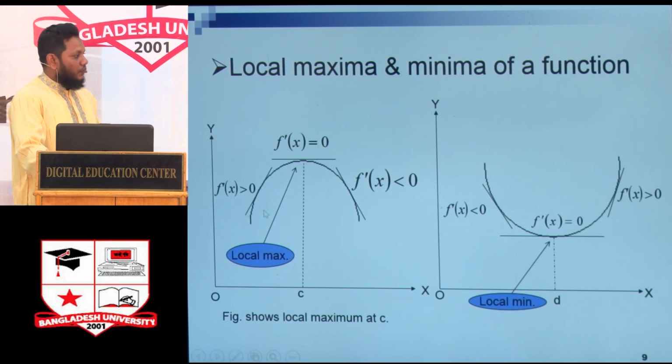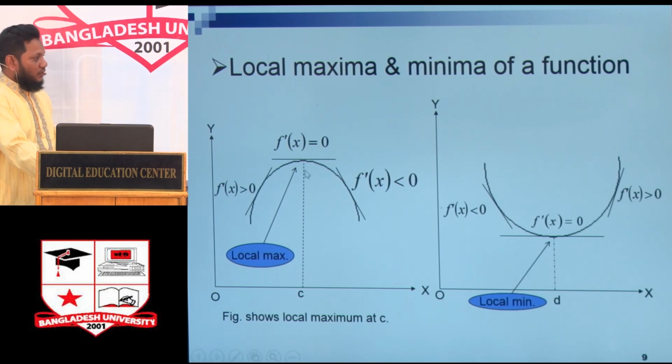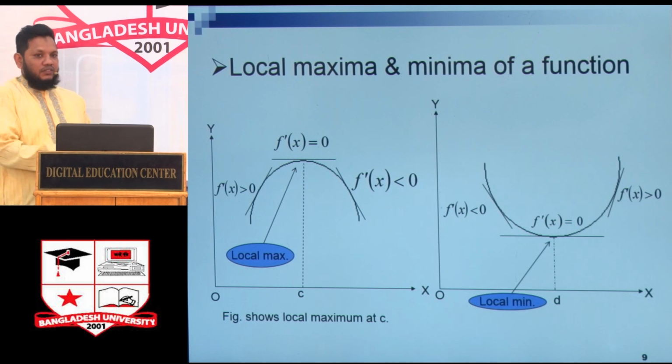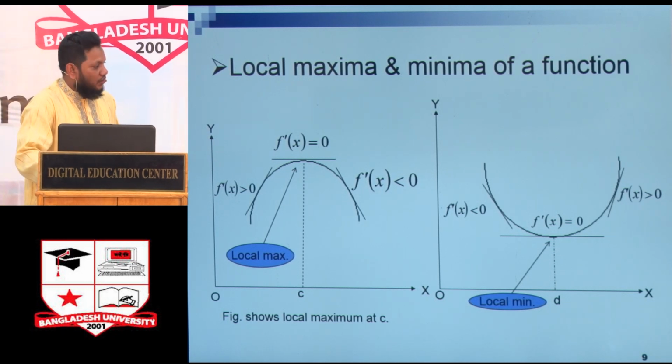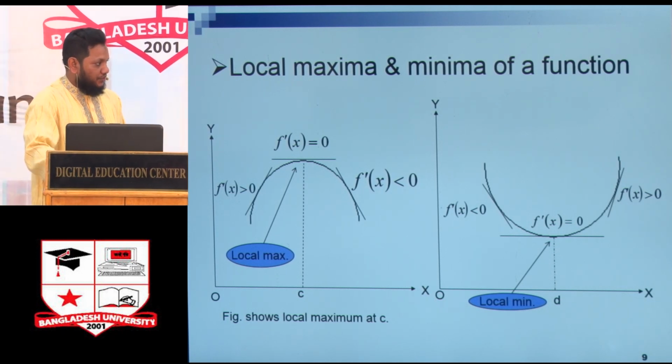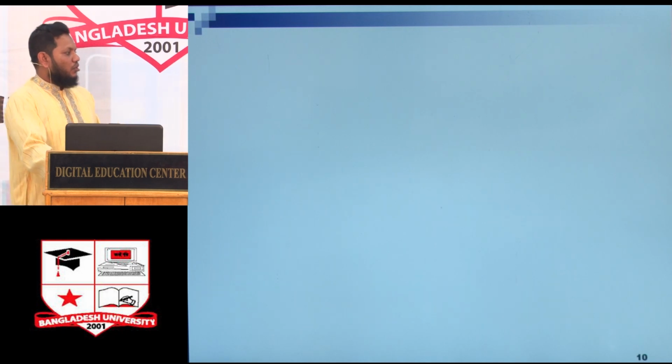Okay, so if we have a concave down graph, the stationary point is known as the maximum point, and if we have a concave up graph, then we can say the stationary point is known as a local minimum point.